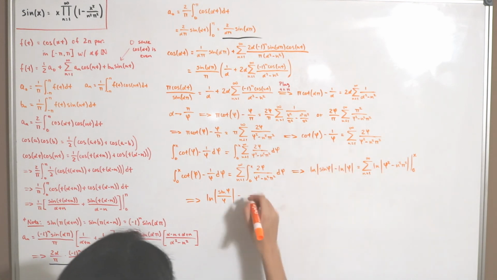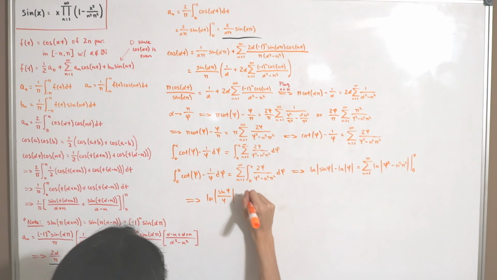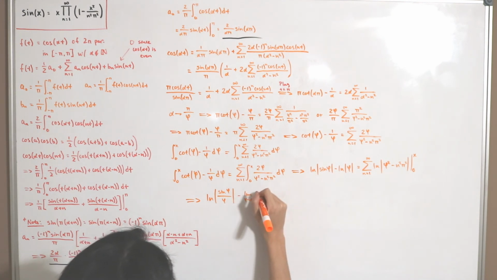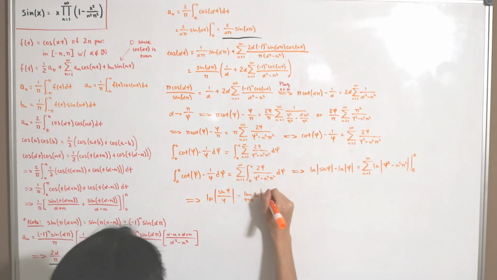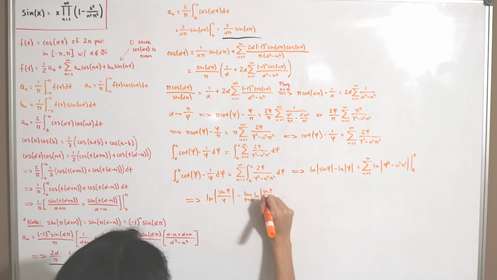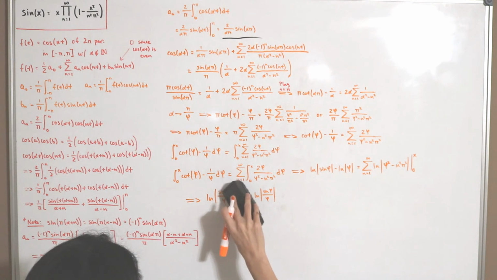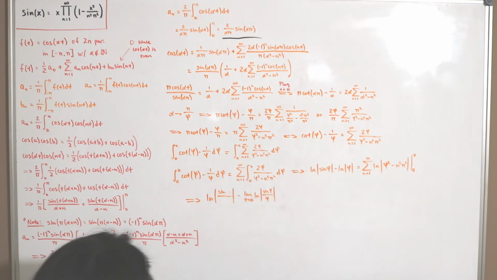And then when you evaluate this at 0, it doesn't exist for the natural log of 0, so we have to take the limit as phi approaches 0 of the natural log of sine of phi divided by phi. And over here, this is supposed to be an x, since we evaluated it at x right there.